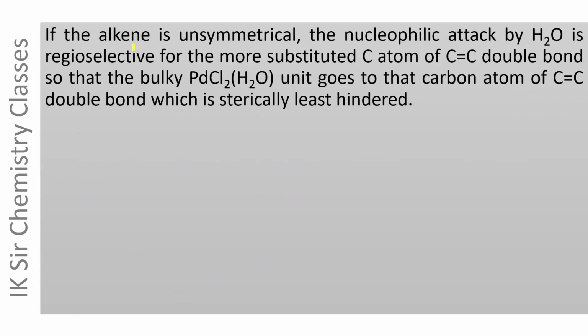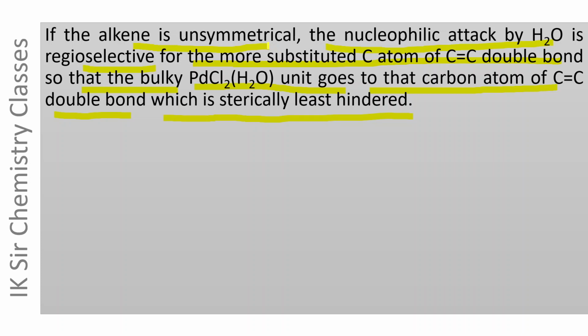If the alkene is unsymmetrical, the nucleophilic attack by H2O is regioselective. H2O attacks the more substituted carbon atom of the carbon-carbon double bond, so that the bulky PdCl2 H2O unit goes to that carbon atom of the carbon-carbon double bond which is sterically least hindered.